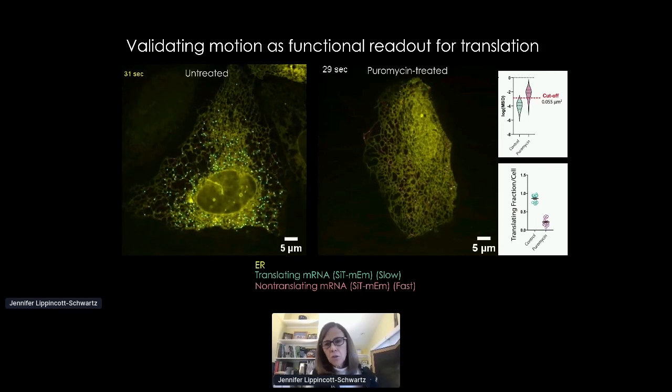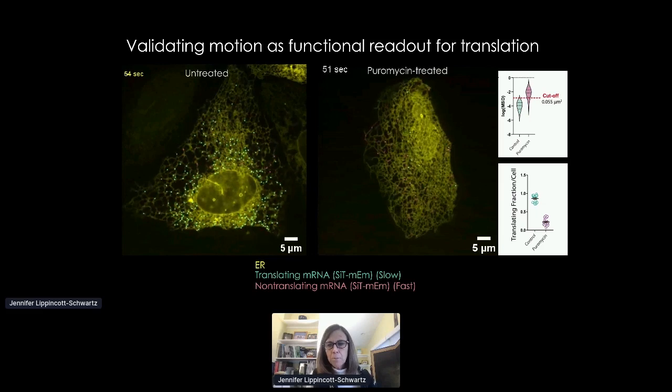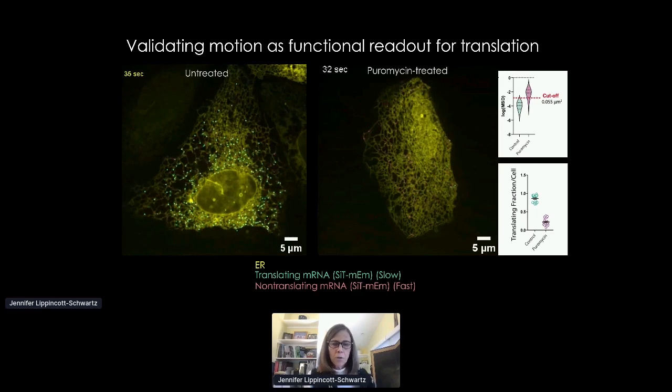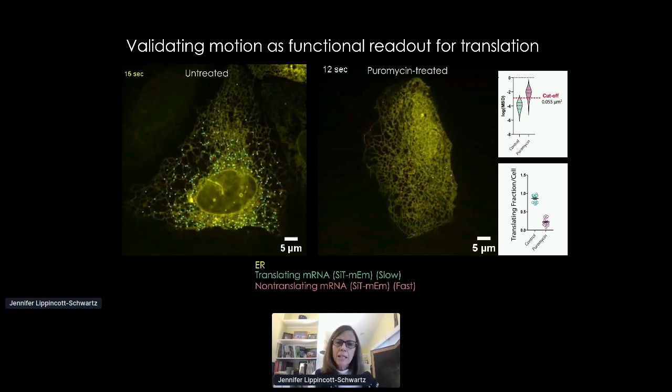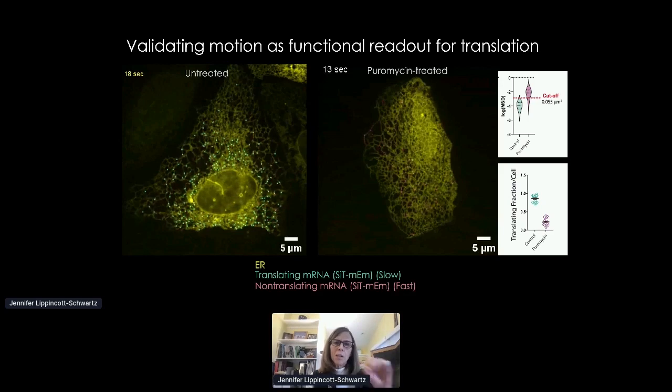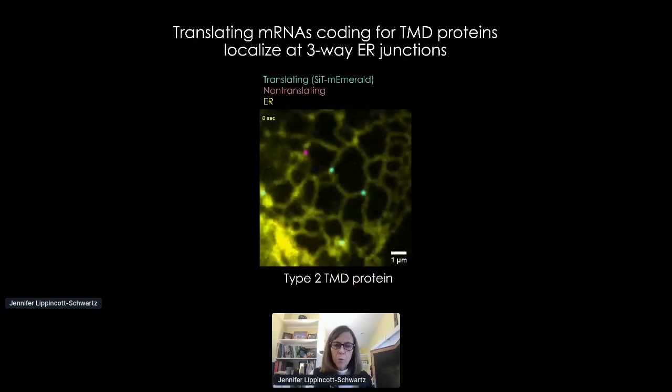By contrast, as soon as we hit with puromycin, the mRNA shifts to a much more dynamic modality, which we've color coded in pink here, and we've quantified it off to the right. So basically, the highly mobile mRNA on the surface of the ER is mRNA that is not translating, whereas the immobilized pool seems to be the translating pool.